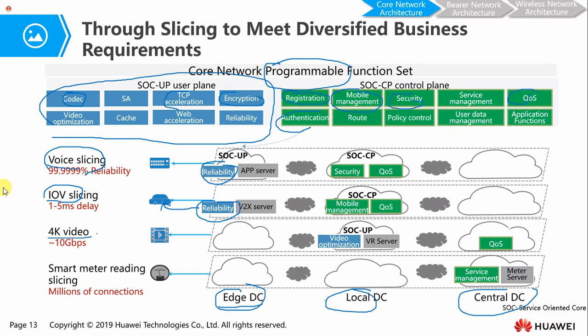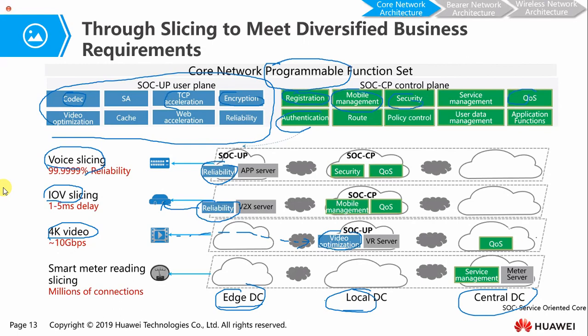And for eMBB 4K videos, we can deploy the video optimization in the local DC. So if the server the terminal visits is very near, it can reduce the latency.